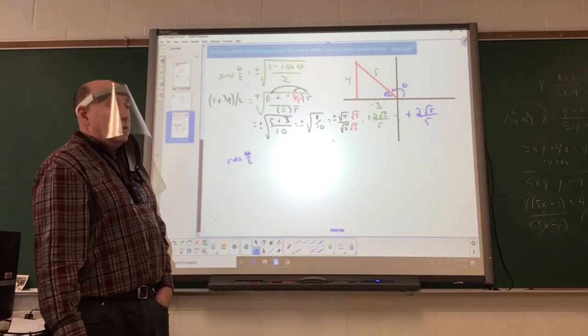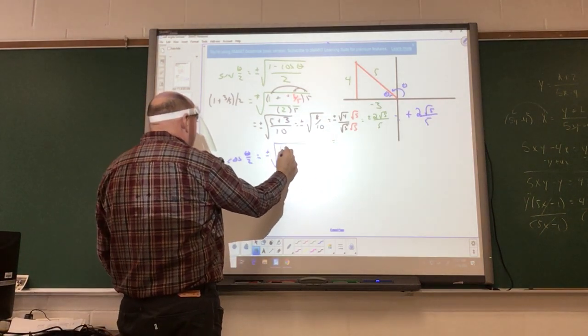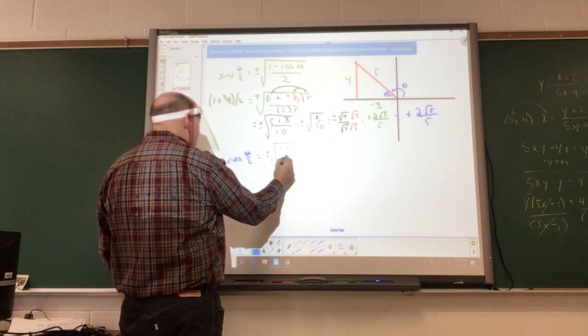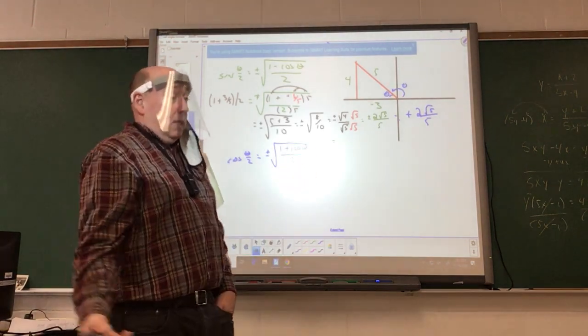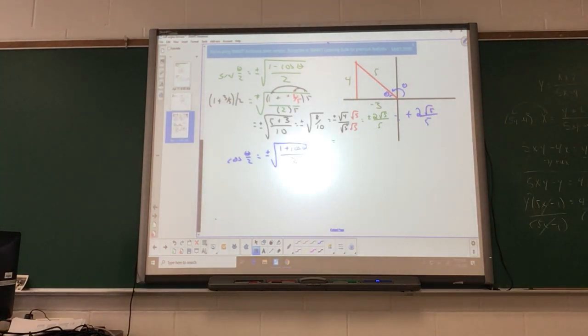Cosine of theta divided by 2. Once again, application: the square root of 1 plus cosine theta divided by 2. It's going to look very similar, except now, rather than changing that negative out of there, I'm just going to say 3 plus a negative 3/5 divided by 2.